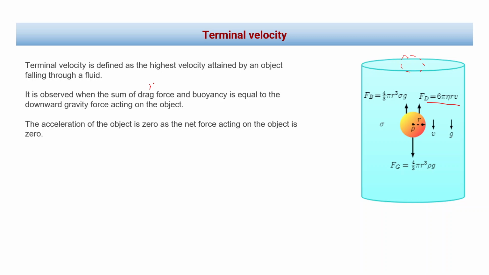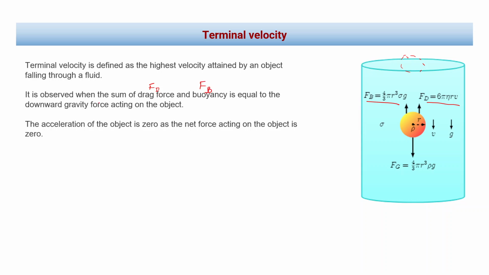Fd is the drag force, and Fb is the buoyant force: the volume of liquid displaced by this spherical body will exert a force upward, which is given by this expression.